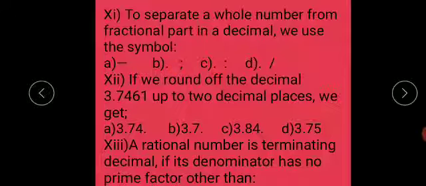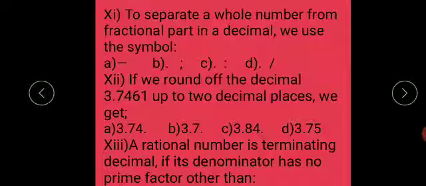You have to find the right option. Twelfth part is if we round off the decimal 3.7461 up to 2 decimal places, we get the answer 3.74, 3.7, 3.84, or 3.75.